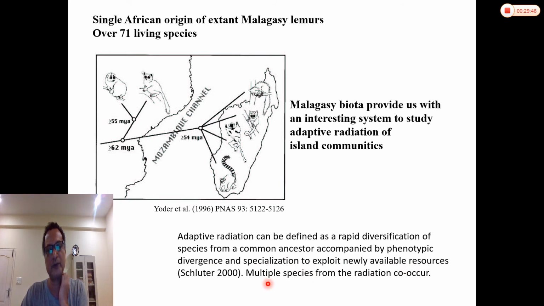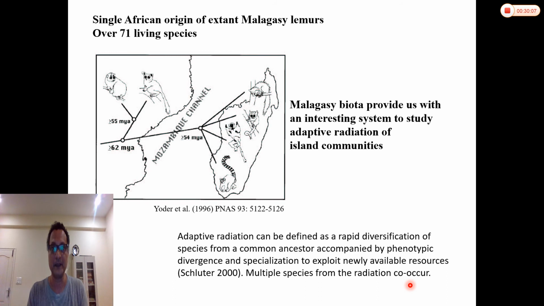Right? And often what you see is multiple species in that group tend to co-occur. So adaptive radiation is basically you have an ancestral species that rapidly radiates into many species, again because there are many open niches, and you often see this in islands.